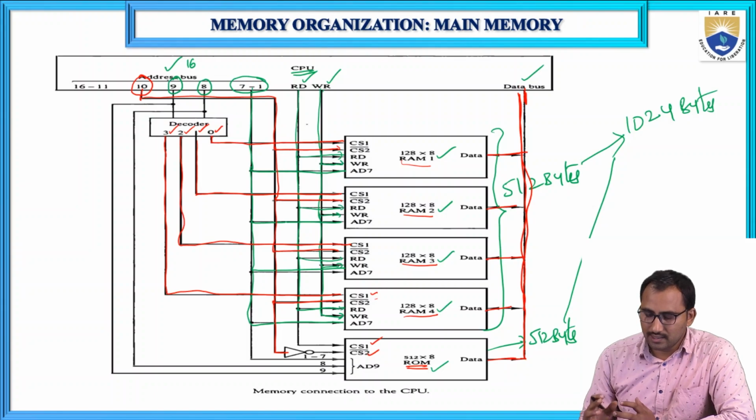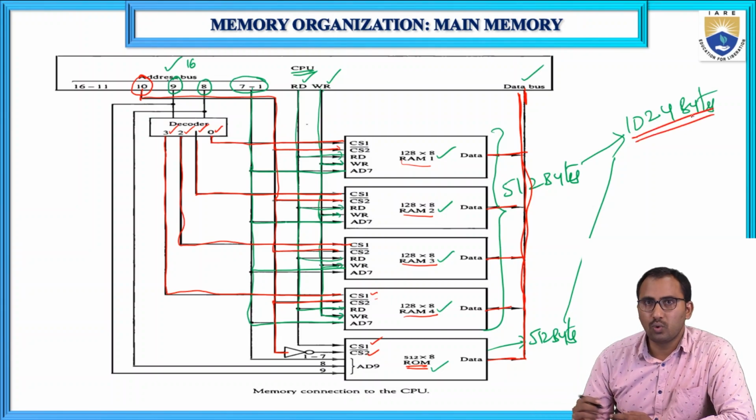So this is the memory connection to the CPU. Finally, after completing all these connections between the memory chips and the CPU, it will form a total size of 1024 bytes. We can use 1024 bytes.